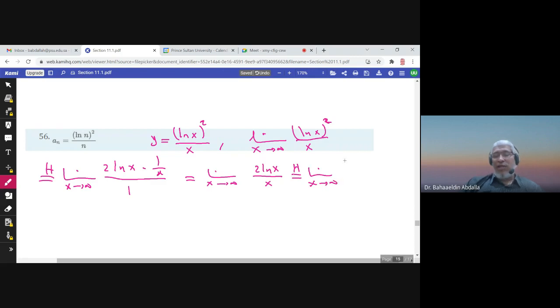The derivative of ln x is 1 over x, and the derivative of x is 1. So 2 over infinity is 0. So the limit of (ln n)^2 over n when n approaches infinity is 0, and the sequence is convergent.